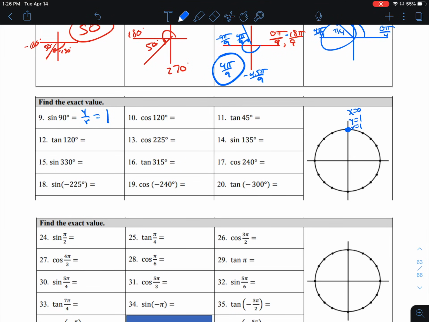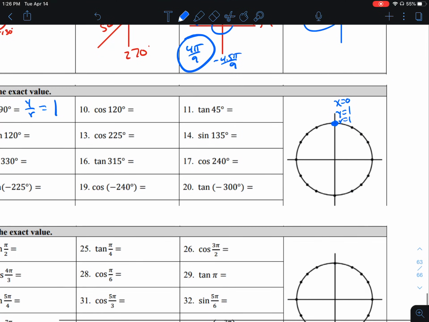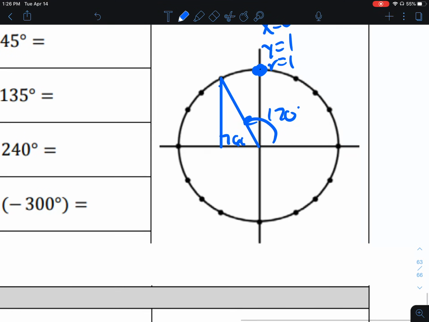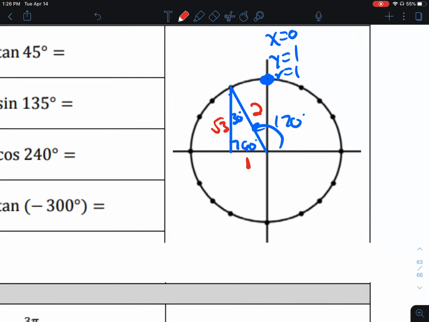Cosine of 120 degrees. 120 is going to fall into quadrant 2. More importantly, it makes this reference angle 60 degrees. This is the 30, 60, 90. If we make the smallest side 1, the longer leg is going to be the square root of 3, and the radius is going to be 2.